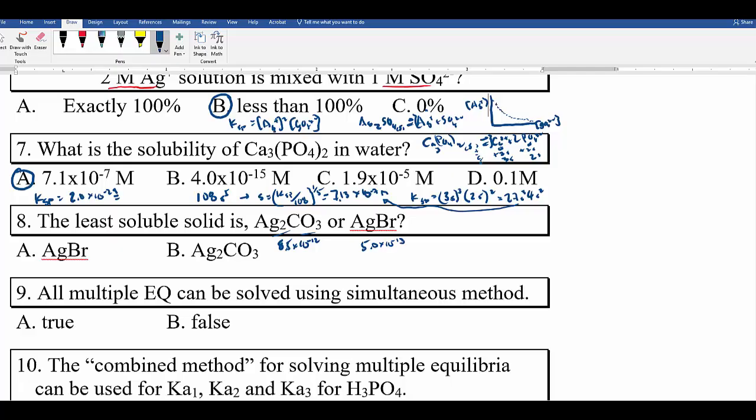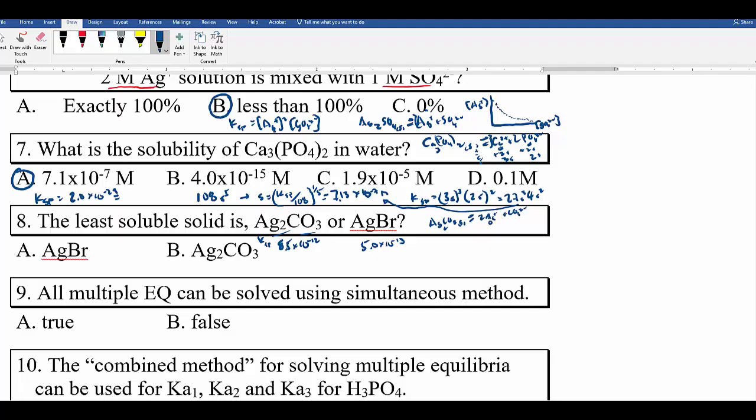Okay, so these are the KSPs here, but the solubilities are going to be different depending on how they split. So this one's going to give us 2s if we do the ice table. For example, silver carbonate solid goes to 2 silvers plus a carbonate.